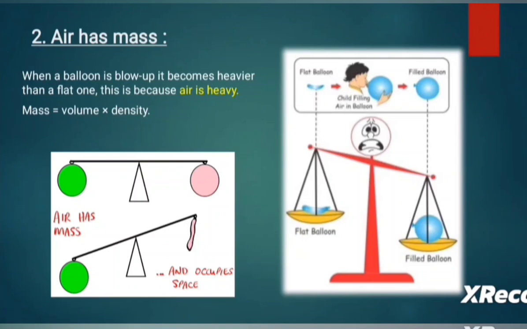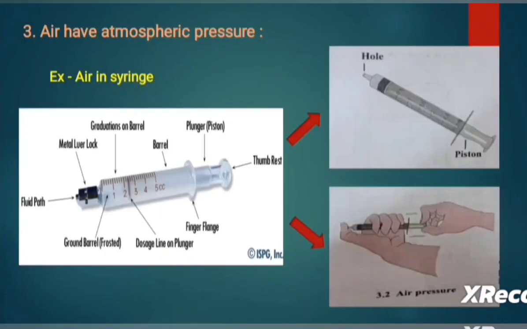Now pin one balloon, so the stick goes down on the side of the inflated balloon. This means air has weight. The inflated balloon has air inside, that's why it is heavier. So we can say that air has mass and weight.